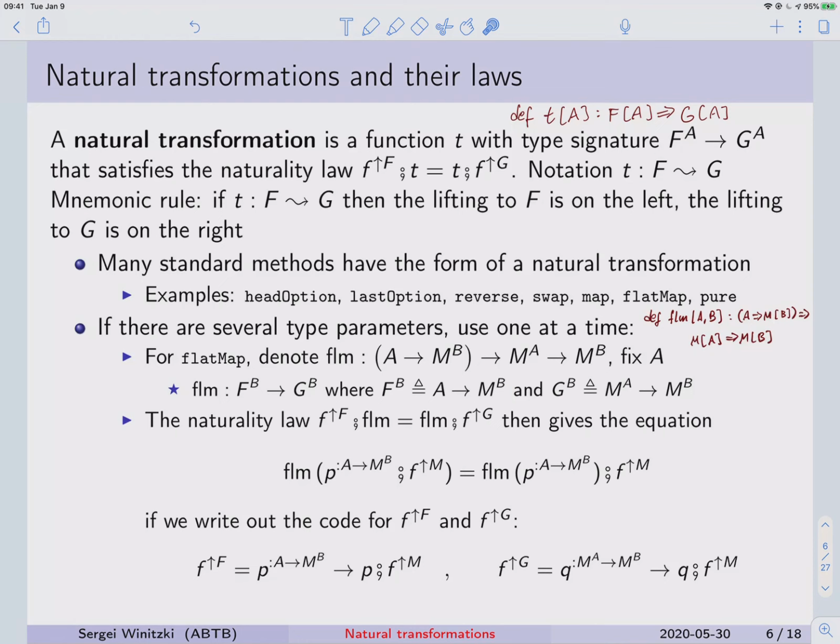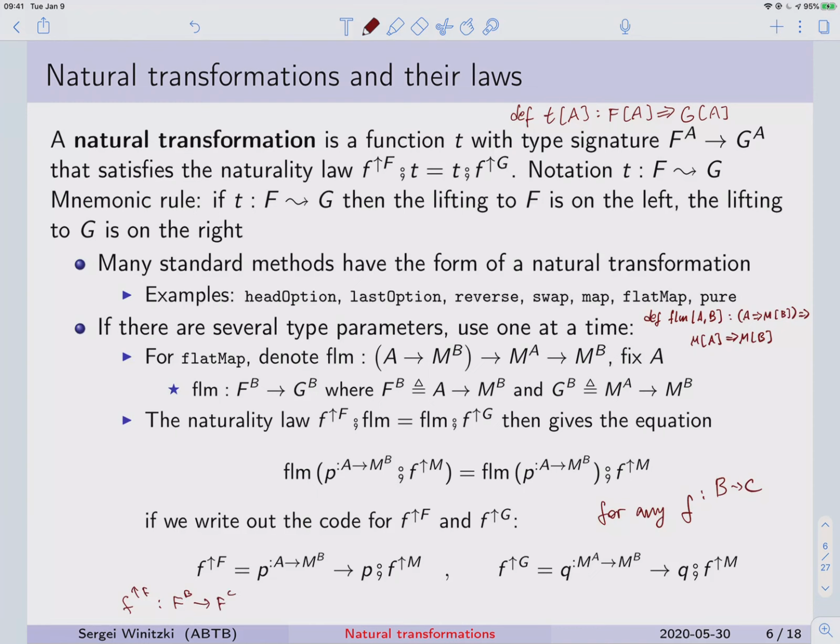So then if you write down what it is, you get these expressions. It's a function from some P of this type into a composition of P with the f lifted to M. So let's say f is a function of type B to C. Then this will have type FB to FC.